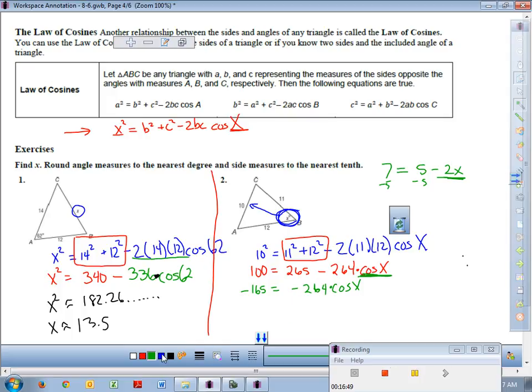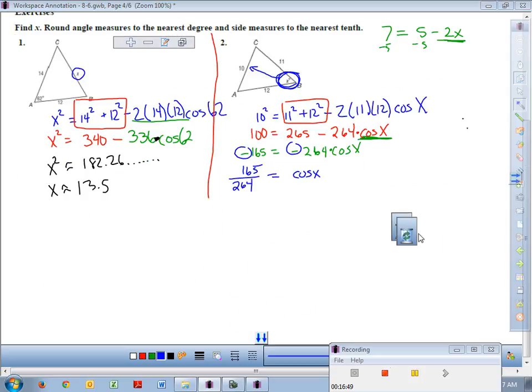But we're not even going to worry about simplifying it, except for the fact that it's a negative divided by a negative. We'll have 165 over 264 as a fraction over here equals the cosine of x. So all we did here was divide both sides by negative 264 and cleaned up the negative over the negative, which made it turn into a positive.